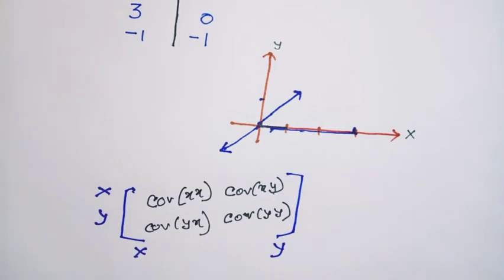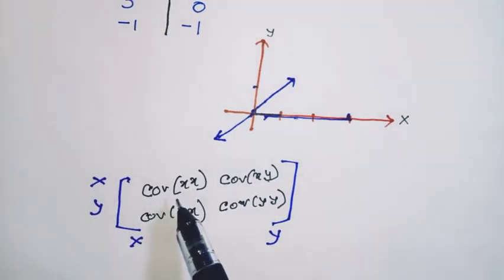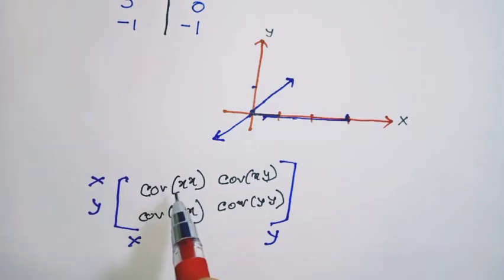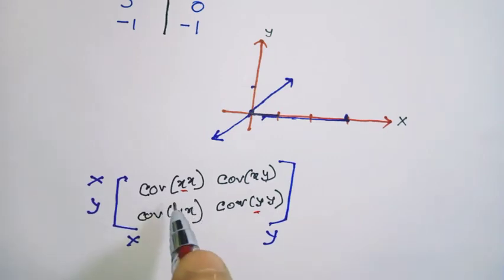Now there are a few things you need to understand before I go ahead in putting in the values. The covariance between the values itself, that is the covariance of xx and the covariance of yy, is basically called the variance.